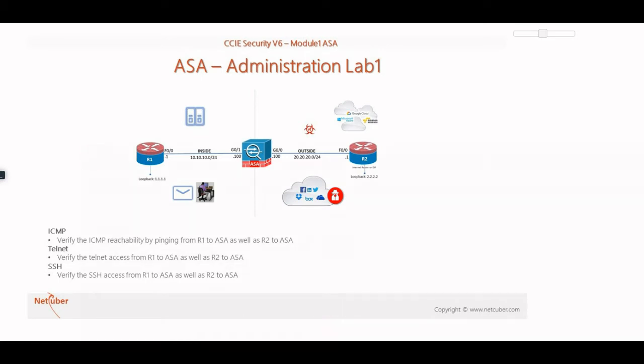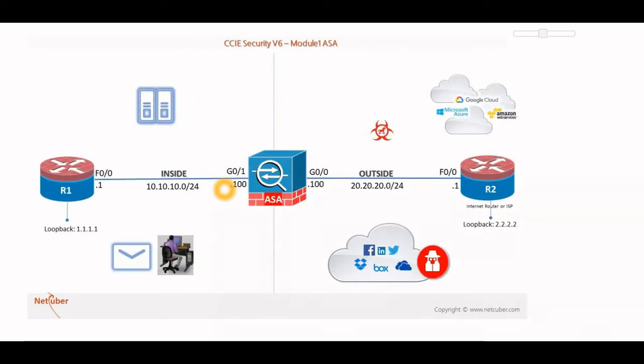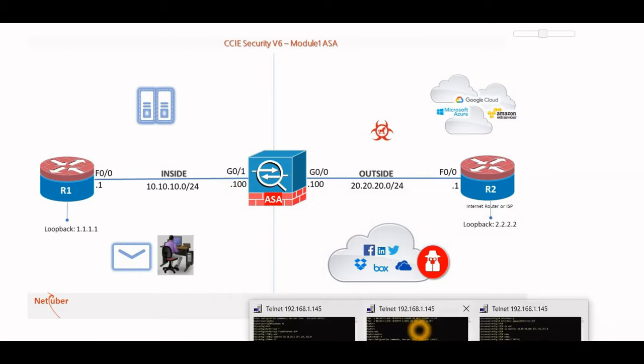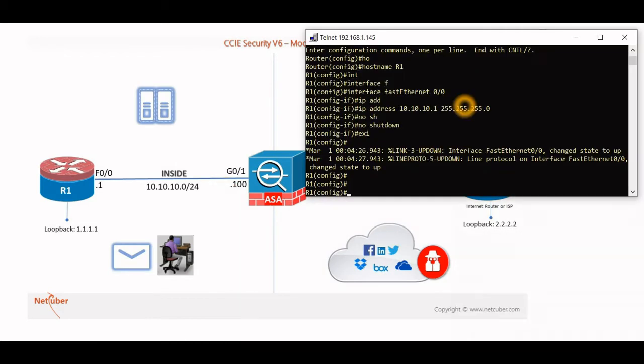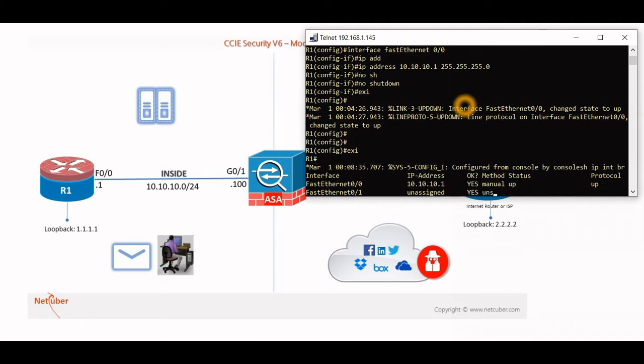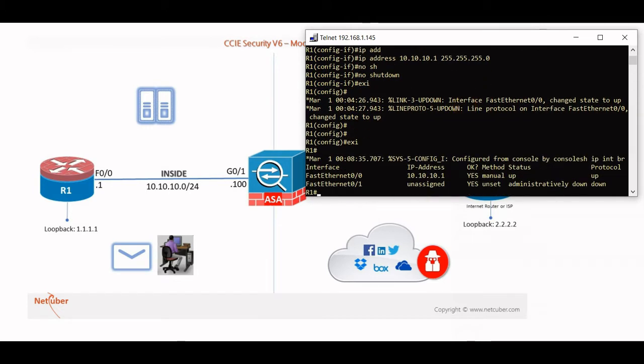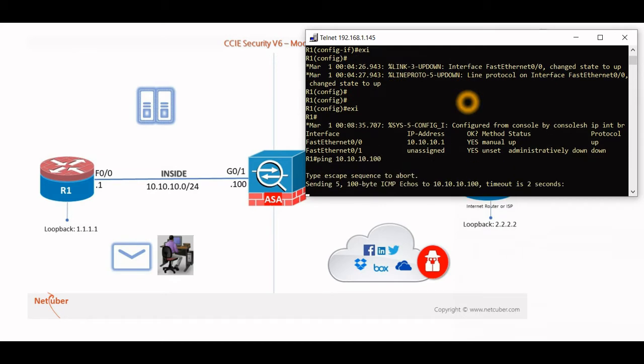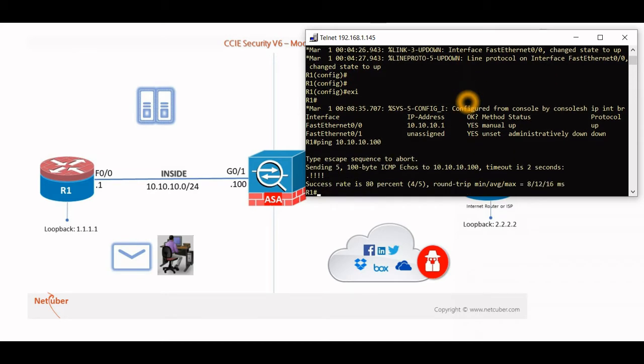Let's check the first one. Currently we are sitting on router 1, it has the IP address 10.10.10.1, and we are going to reach 10.10.10.100. Let's check. Yes, we can reach. We got 80% because the first packet went out.